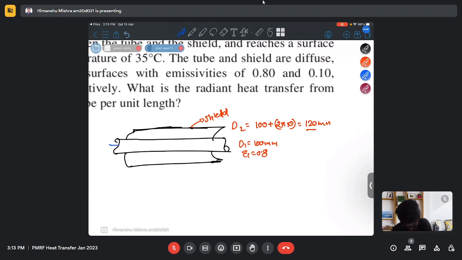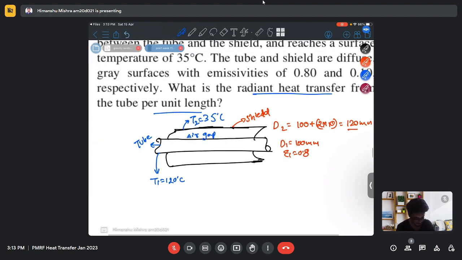The temperature of the tube is 120 degrees Celsius. The temperature of the shield is 35 degrees Celsius, and there is an air gap between shield and tube, and we need to calculate the radiant heat transfer per unit length.